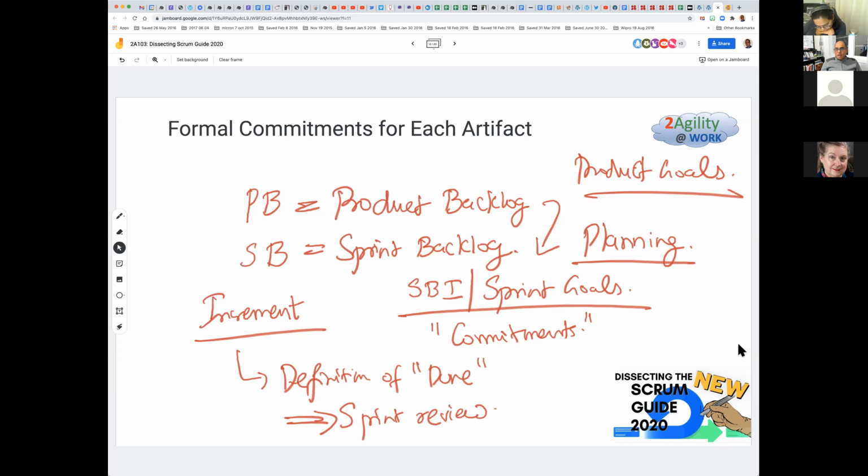So now we are committed to build and test certain types of features on a particular platform, being ready for the overall product launch. And then to a definition of done. A definition of done is that it works on the emulator right now, and that might evolve.